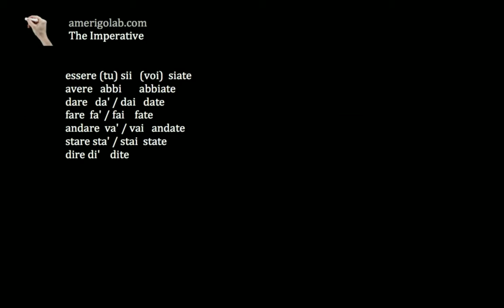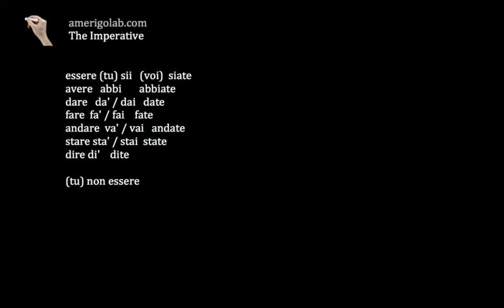These forms are affirmative. Now let's try to say don't be, a negative form of the imperative. As I said, they just follow the same rule. So let's pretend you're talking to tu, singular. Just follow the rule that we have talked about, and you will use non in front of the infinitive form of the verb. So it will be non essere.